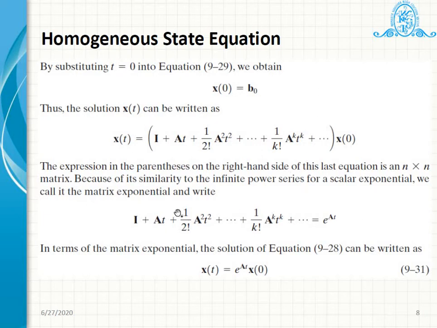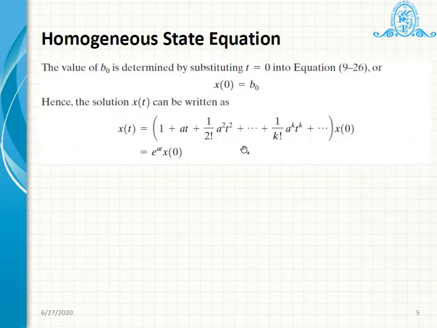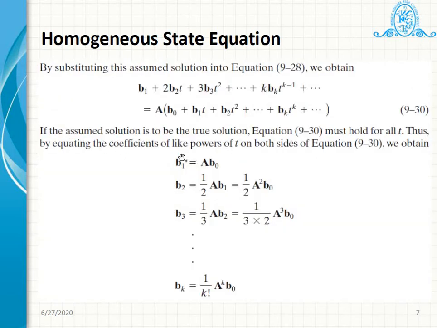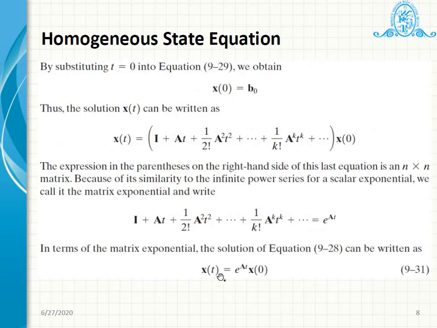This is called the matrix exponential, and this is written as e raised to At. As we wrote in the earlier case, this series is written as e raised to small at. Here it will be e raised to capital At. And in terms of the matrix exponential, the solution will be x of t is equal to e raised to At x of 0.